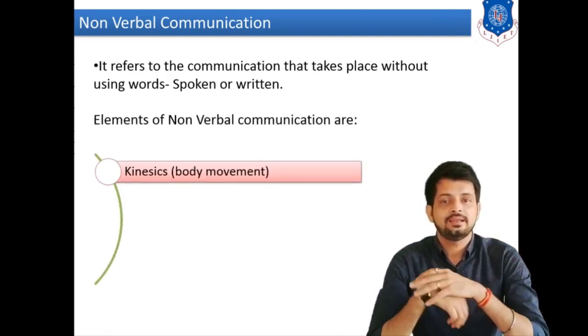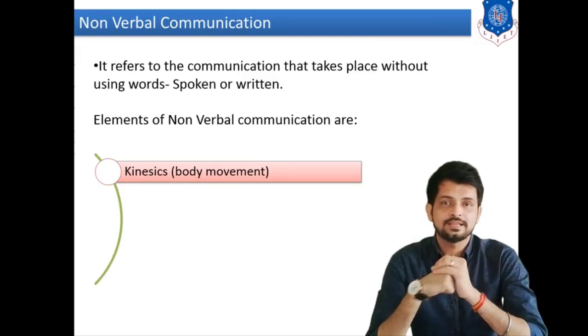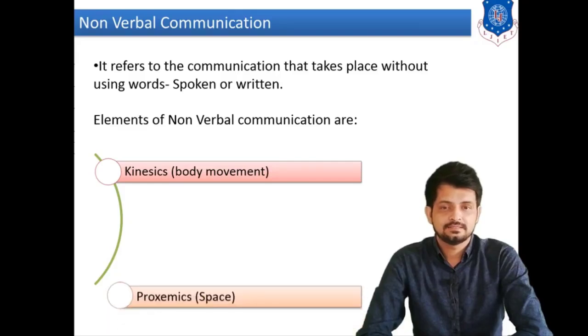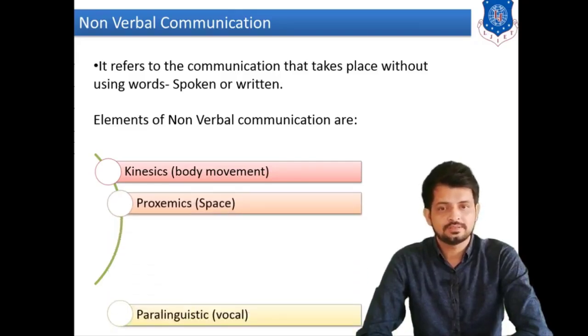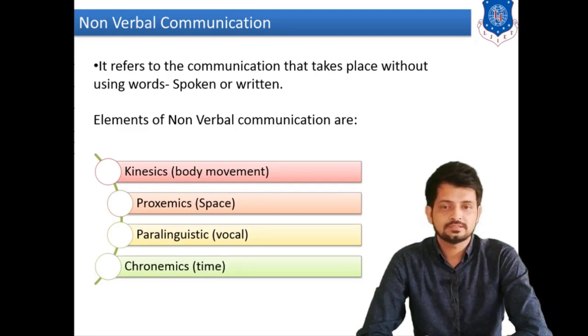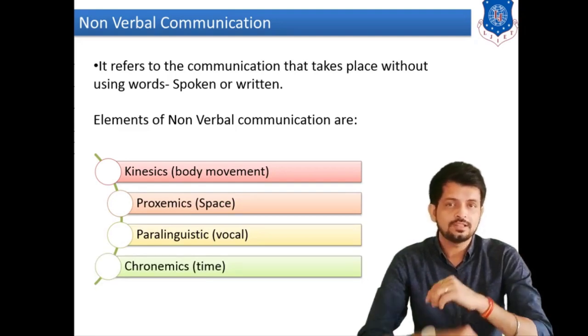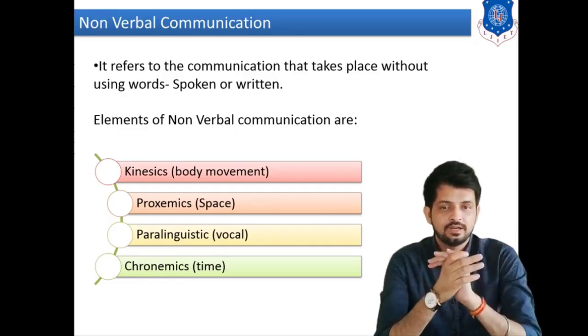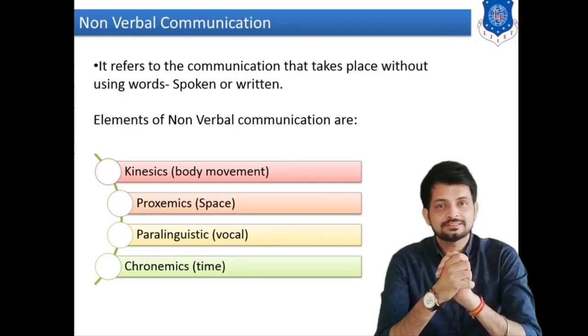The main elements of non-verbal communication are, first kinesics, second proxemics, third paralinguistic, and the fourth one is chronemics. All these important elements we have to study, but I will give the basic idea of all of them. First one is kinesics.